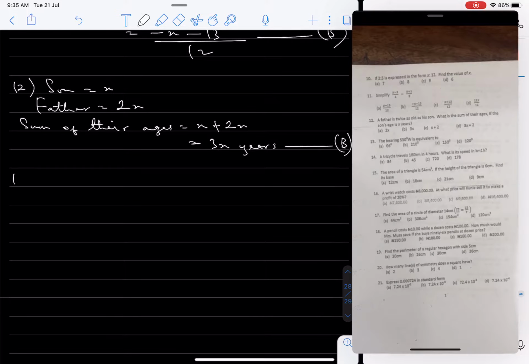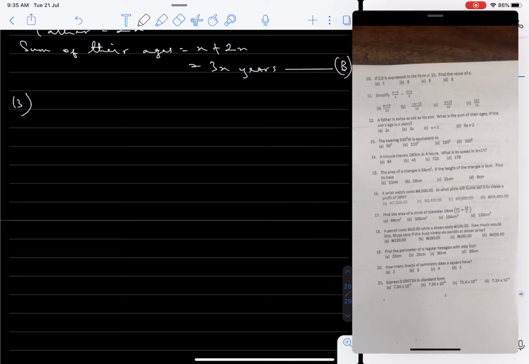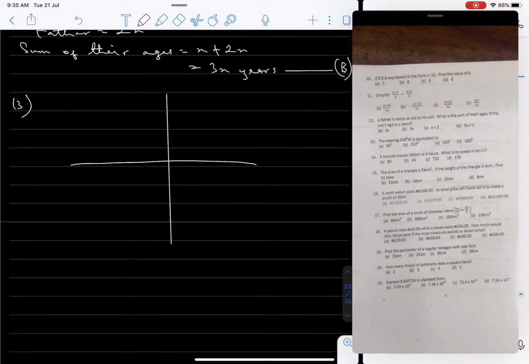Number 13 says the bearing south 30 degrees west is equivalent to, I think that's a piece of cake too. South 30 degrees west.